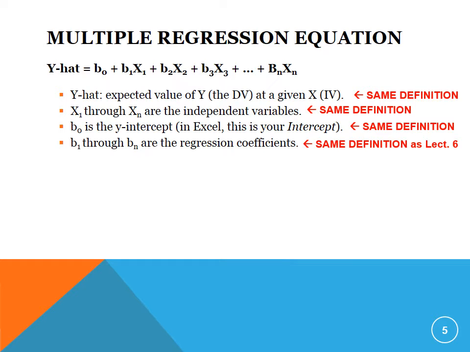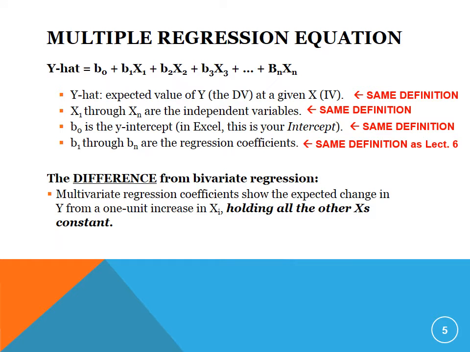Our regression coefficients. So as you see, as it popped up on your screen, all of these definitions remain the same. We know our y hat is the expected value of the dependent variable at a specific independent variable value. We know that x is still our independent variables, b naught will always be our y-intercept, and then b1 and on will always be our regression coefficient. And the difference from the bivariate regression is that now while we are interpreting the same way, what you see here bolded is what the difference is between a bivariate regression and a multivariate regression.